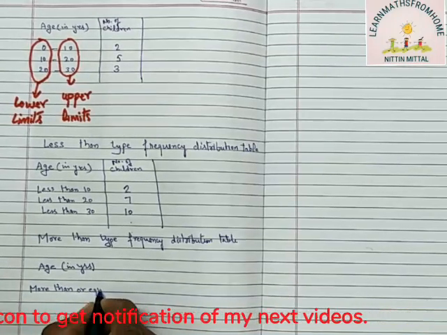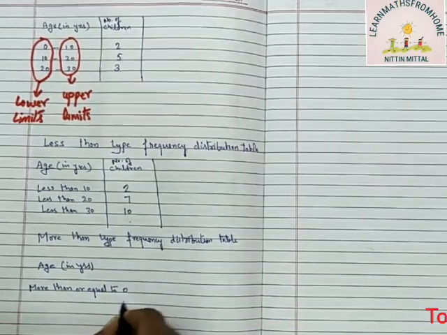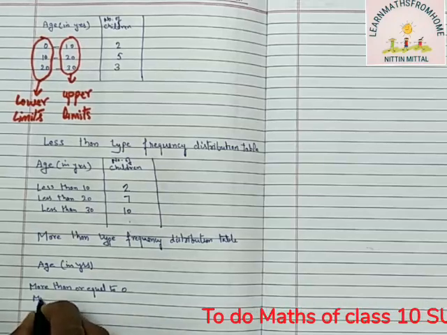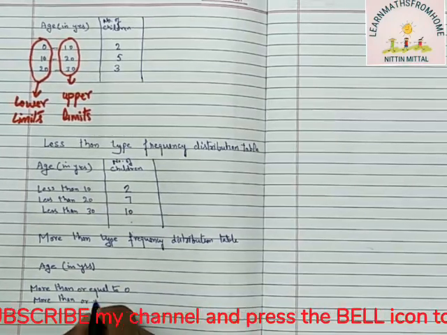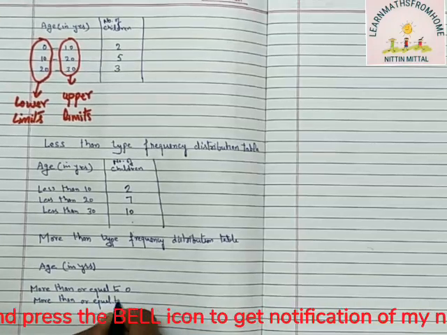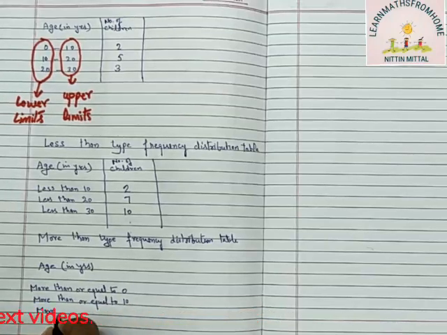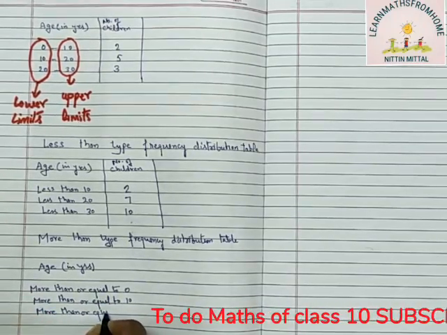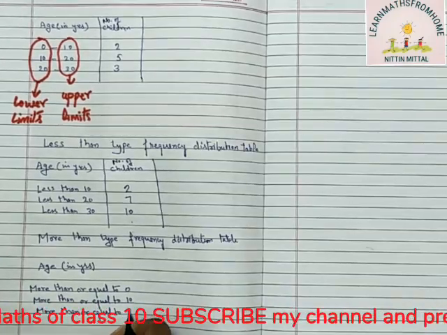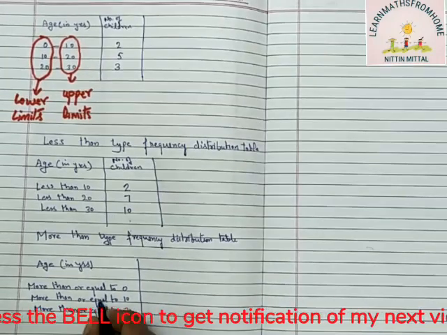or equal to 0, more than or equal to 10, more than or equal to 20. Now we are writing more than or equal to, why? Why we are writing equal to?